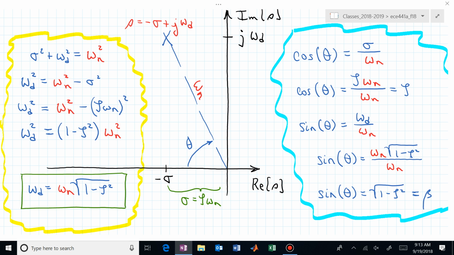That's going to depend on the angle, theta. But in the yellow highlight, I've now tried to be color consistent with omega sub n being the hypotenuse and omega sub d being the damped frequency of oscillation.